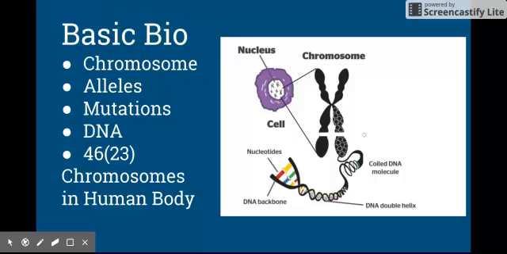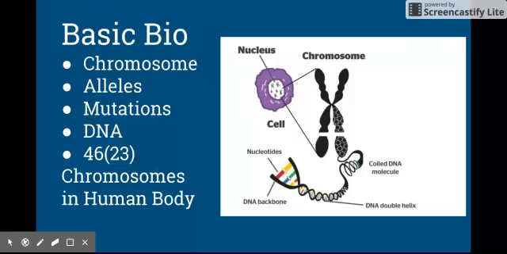Mutations are permanent alterations in the genome of an organism, which is why some humans have darker skin than others, or some humans have blue eyes while others have green eyes. It's all within the mutations that have occurred within DNA over the history of humanity, pretty much. And those occur on the alleles and DNA within your chromosomes.